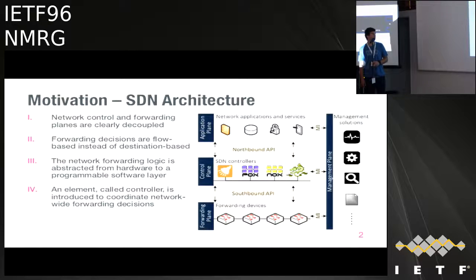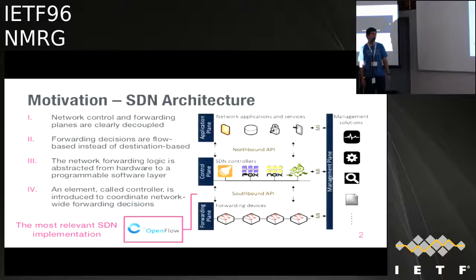The forwarding plane comprehends the set of simple forwarding devices. And the management plane comprehends the management solutions, for example, solutions to resource allocation and monitoring device status. And nowadays, the most relevant SDN implementation is the OpenFlow protocol.